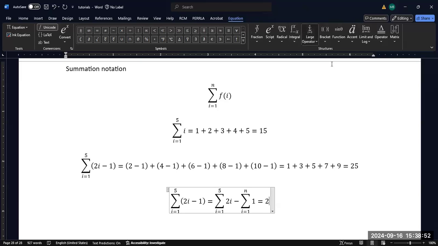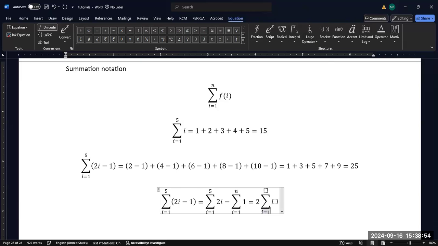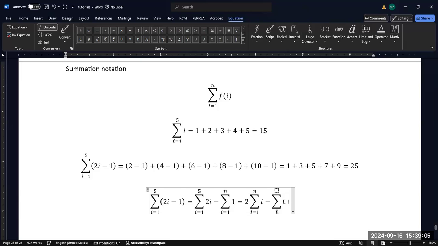So this will become 2 times the sum of I equals 1 to n of I, minus the sum of I equals 1, well, these are all 5s, since I'm using my previous example, of 1.